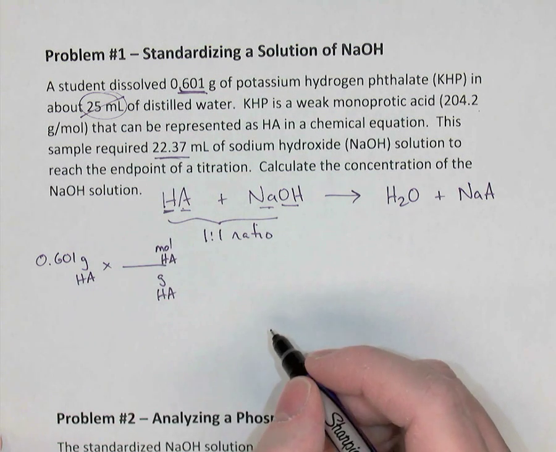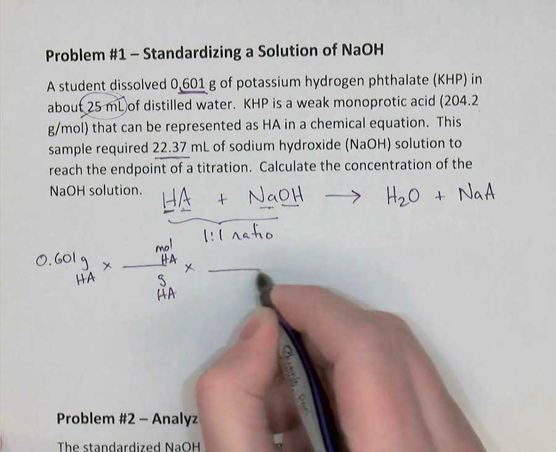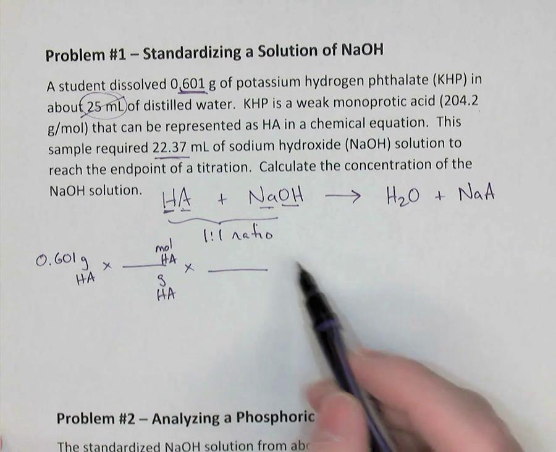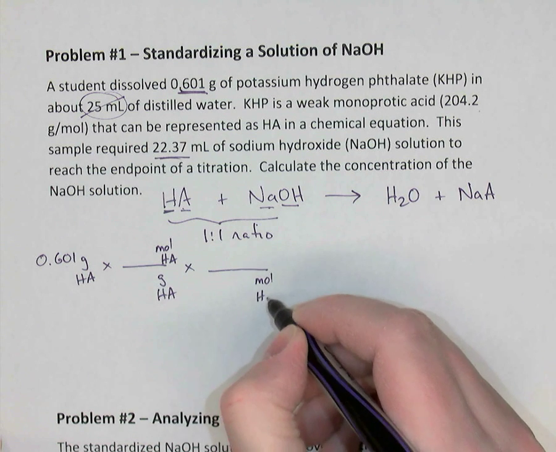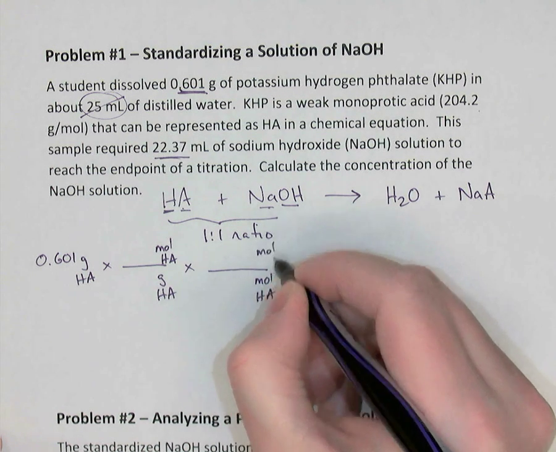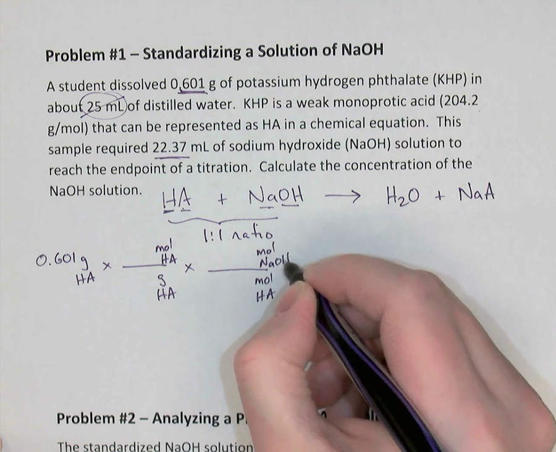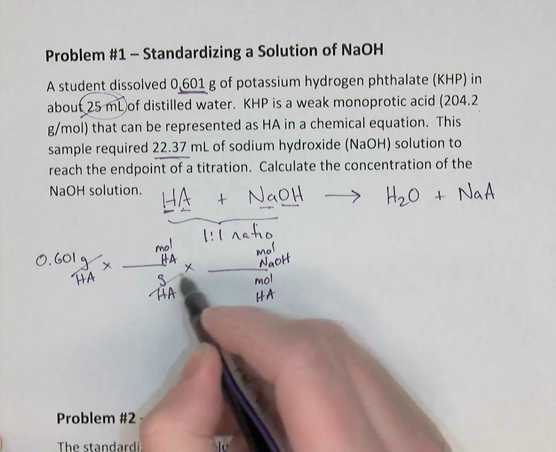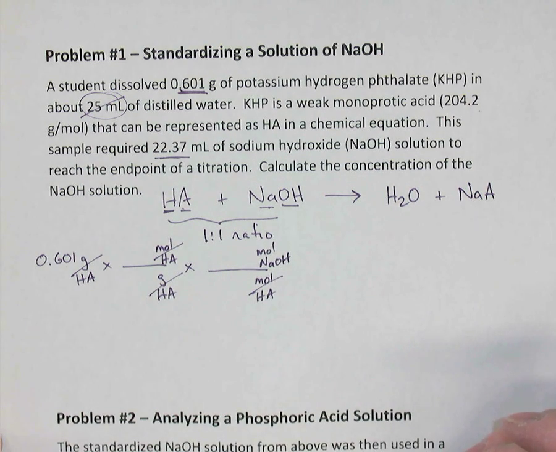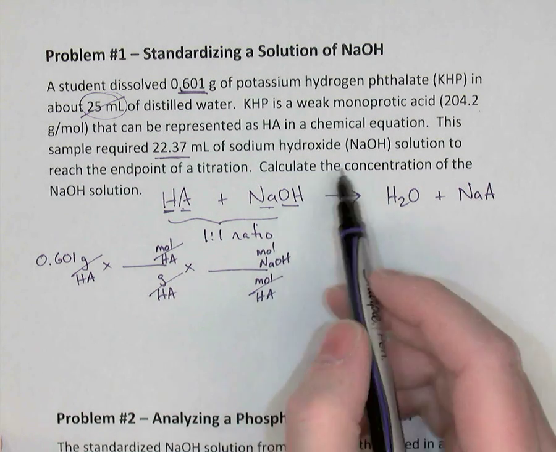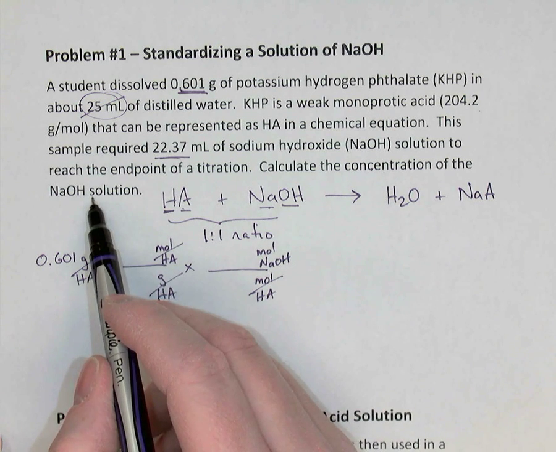and that of course uses the molar mass. Now that I've got moles of acid, we could use the mole ratio from the balanced equation. We can convert the moles of acid into moles of sodium hydroxide. We notice how the units are canceling out as we go, so this feels like we're headed in the right direction. And now we're trying to find the concentration of sodium hydroxide.